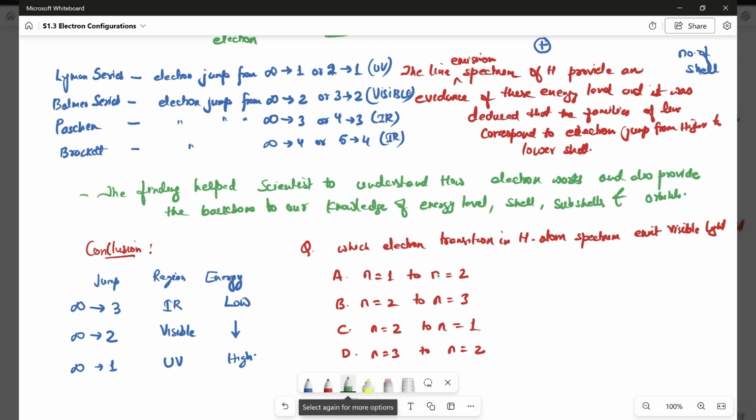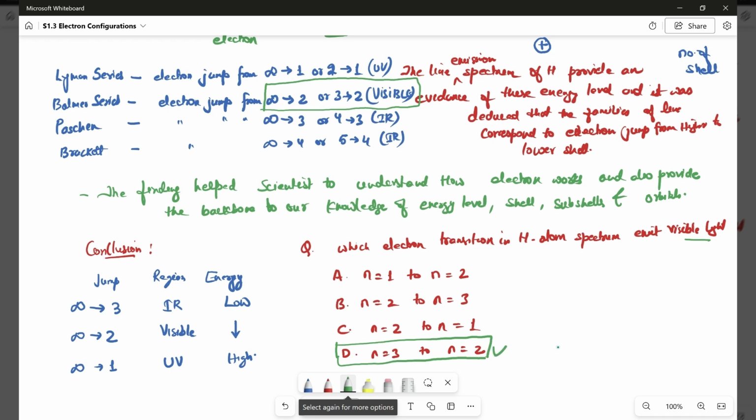So we need visible light, right? And visible light we get, as you can see here, when an electron jumps from either infinity to 2 or 3 to 2. So here it's 3 to 2, this is the correct option.